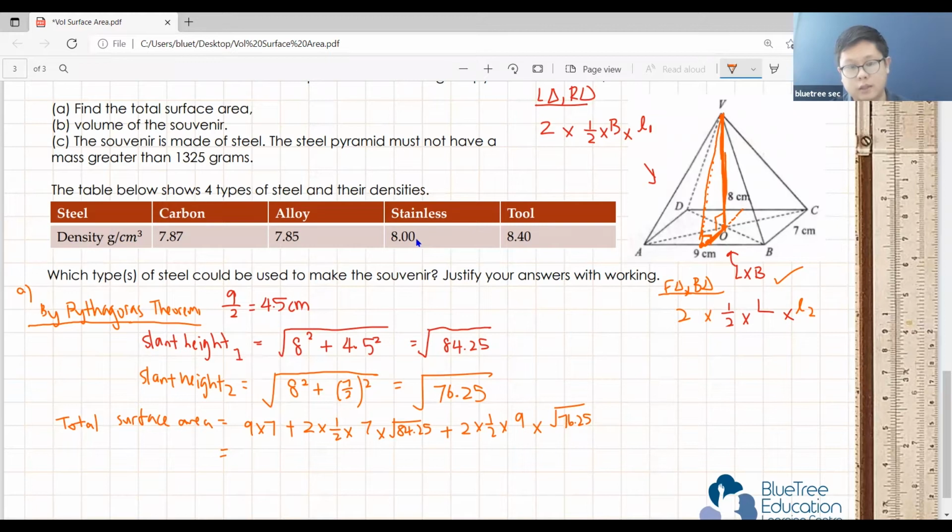Now I noticed that some students know that when you use 2 times half, it actually becomes 1, right? So some of the students might not put this in, but if you ignore this, you would already put something like 7 times square root of 84.25. I am not sure if your school will accept this as a method mark because it doesn't follow the idea of having 2 times the area of the triangle, right?